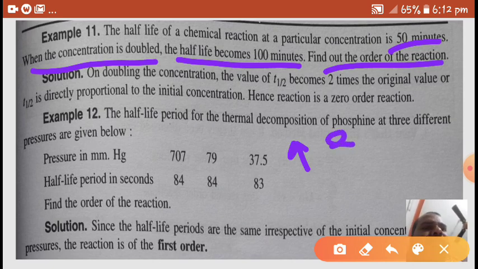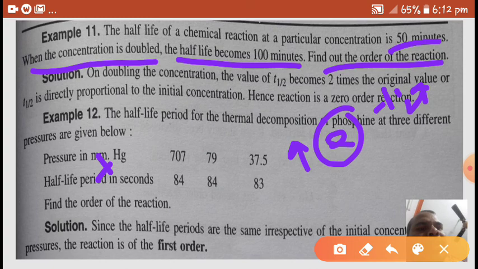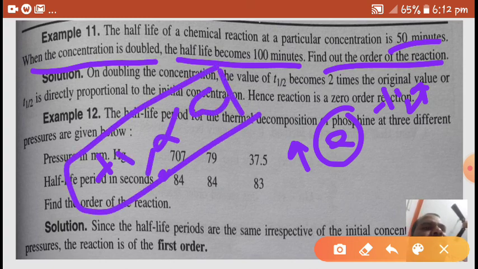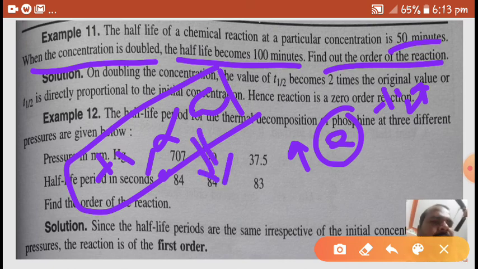When the initial concentration is doubled, the half life also is doubled. That means t half is directly proportional to A for this reaction. So by this relationship we can say that it is a zero order reaction. Why?